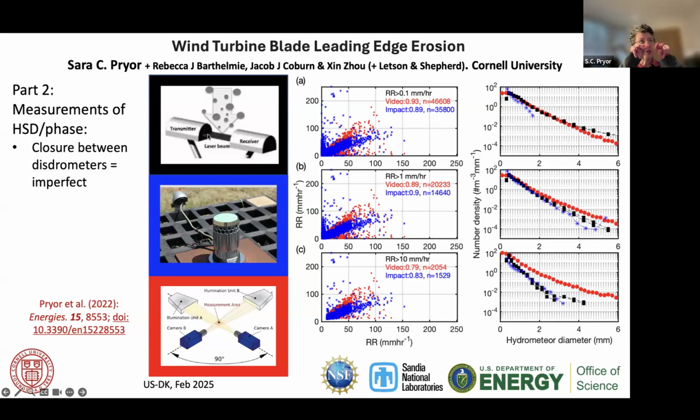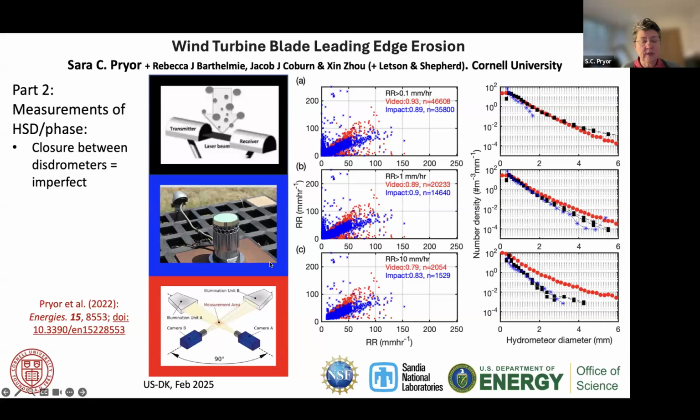The idea is you have a sheath of laser beams. As the hydrometeors fall, they break the laser beams. The number of beams they break tells you the horizontal diameter of the droplet, and the duration of time the beam is broken tells you about the fall velocity.